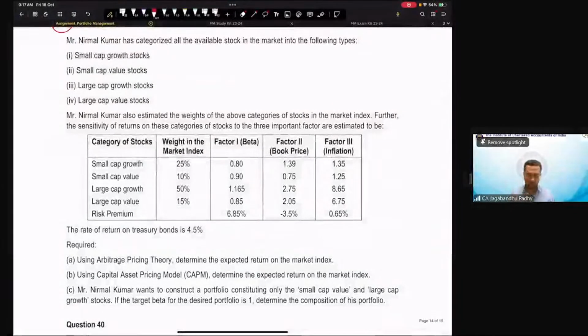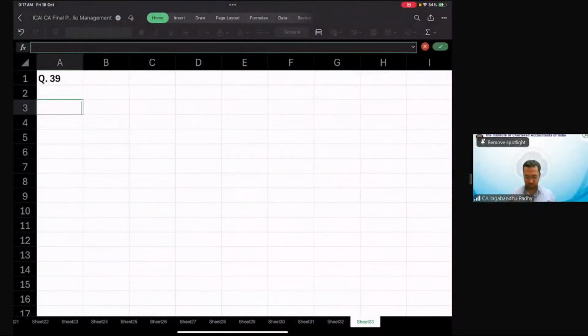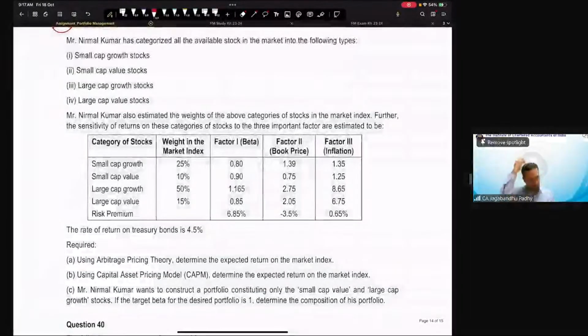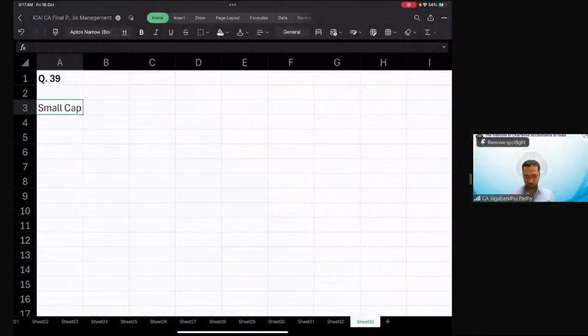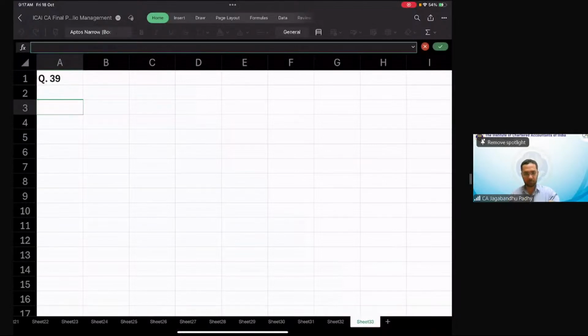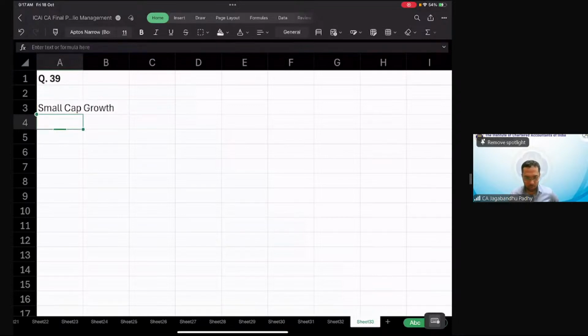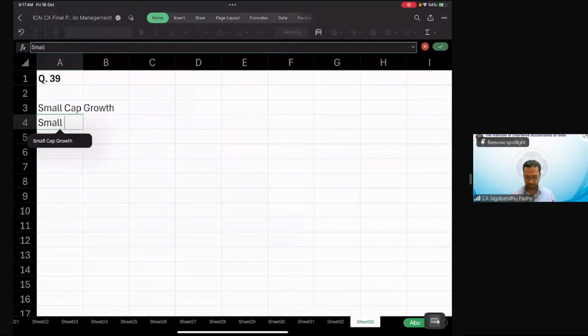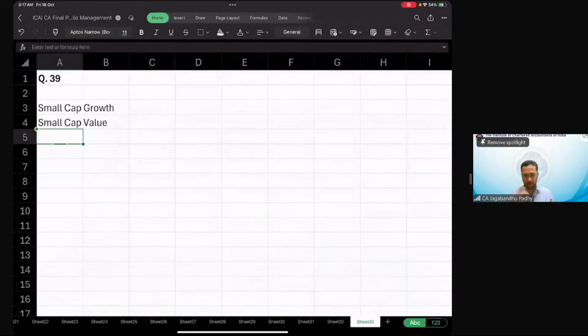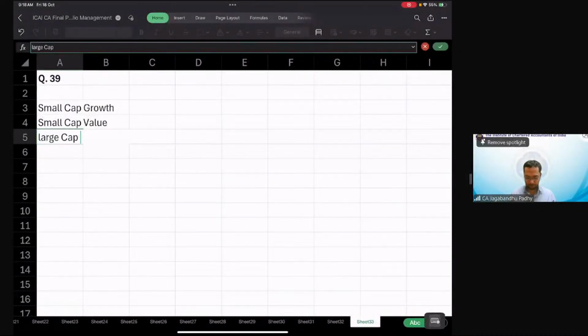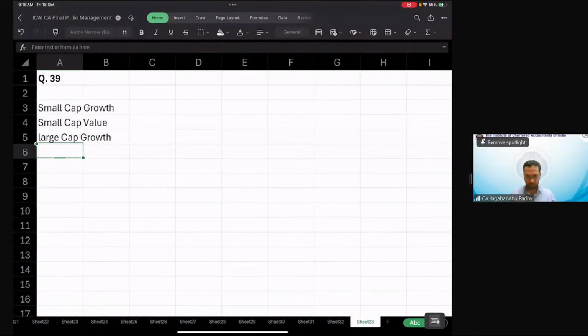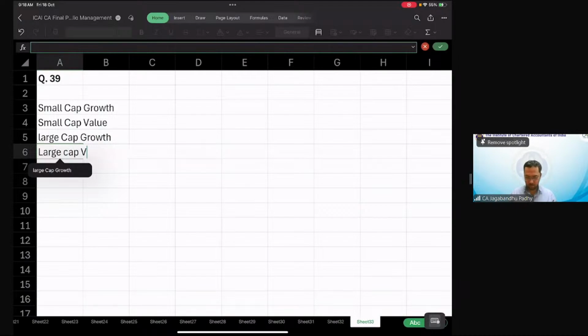So we have 4 types of stock: small cap growth, small cap value, large cap growth, and large cap value.